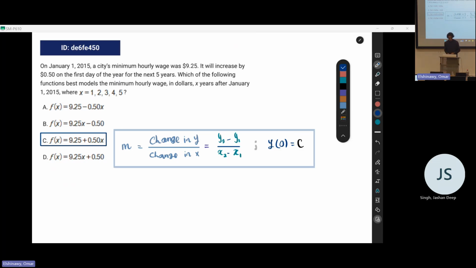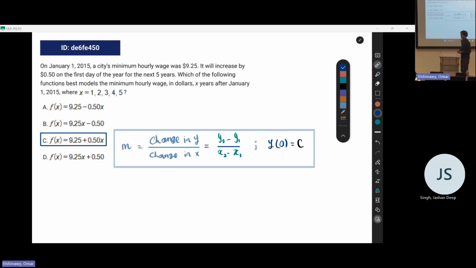So here, do you know what the rate of change is? Just read the statement. It says that the minimum hourly wage was $9.25, and it increases by 50 cents for the next 5 years. So what is the rate of change in that case?